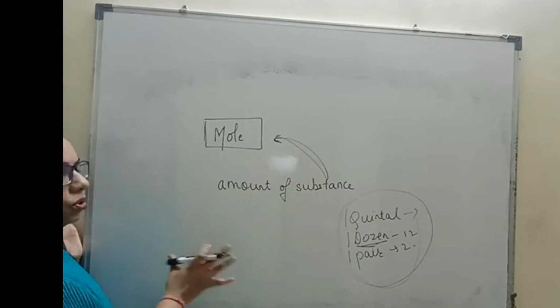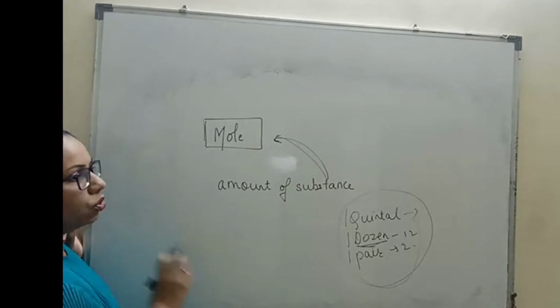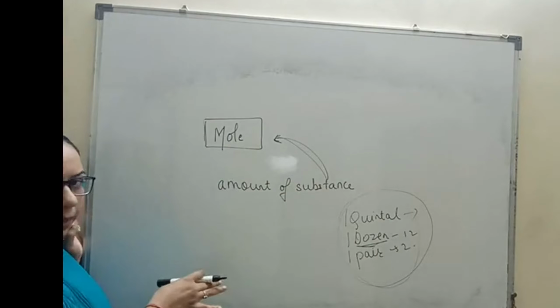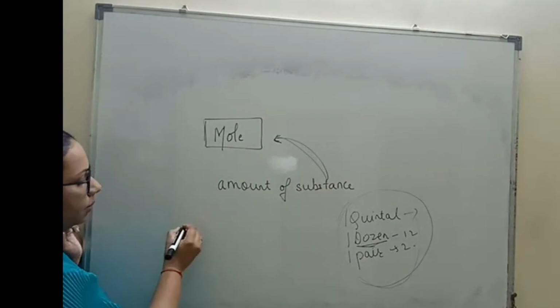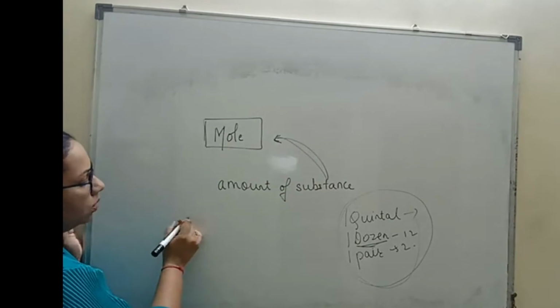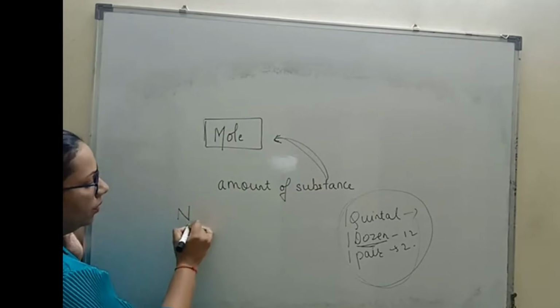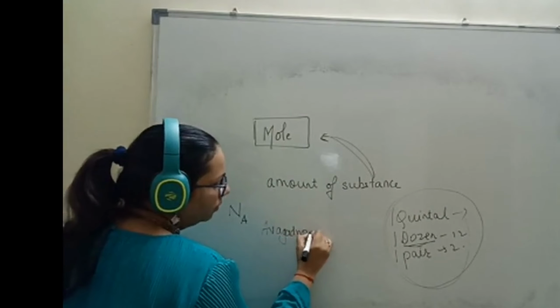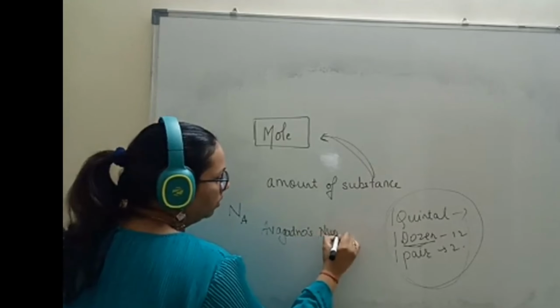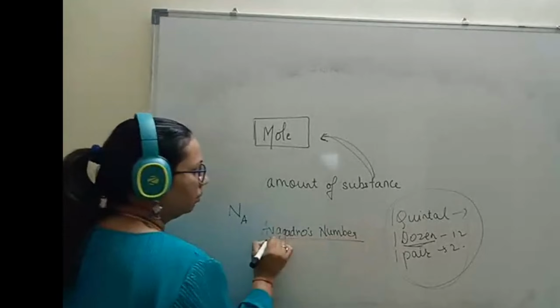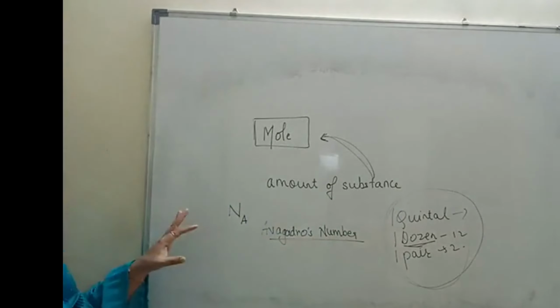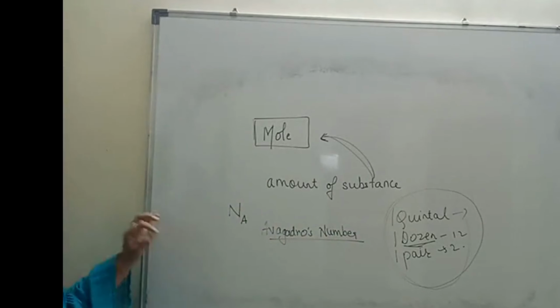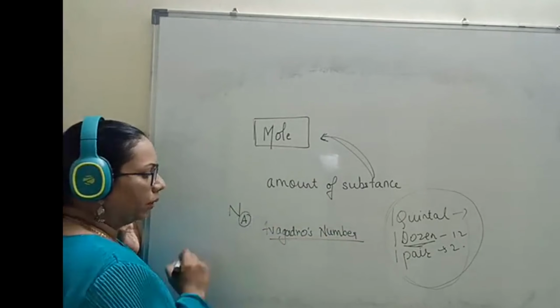Now, 2, 3 things you need to know will be used throughout this chapter. We'll come into the detailed part of it, but let's understand the basics first. There is a term called Avogadro's number, and you need to know this number's value very well. We represent it with a capital N and a capital A at the bottom.